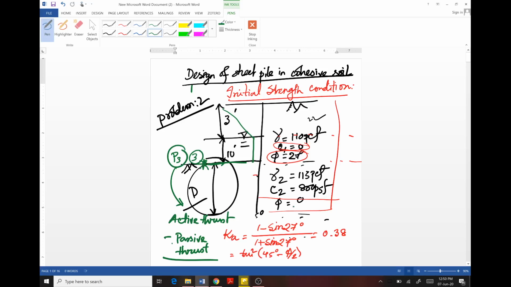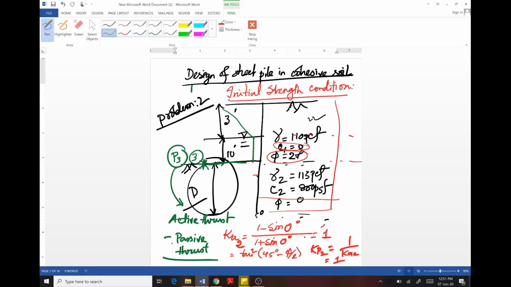Since phi equals to 0, that means Ka2 will be 1. So Kp2 will be 1 by Ka2. It will be also 1.